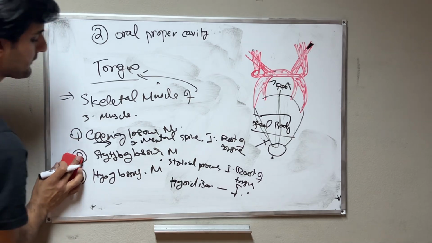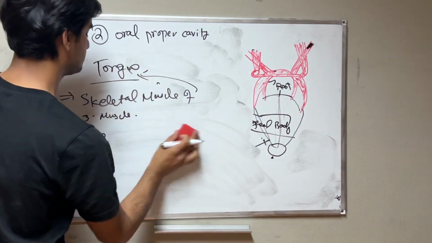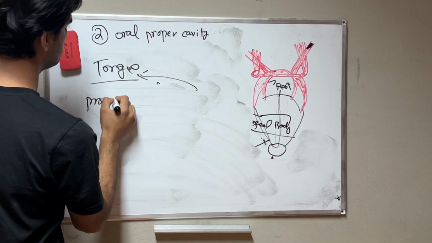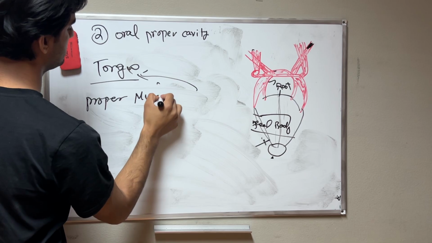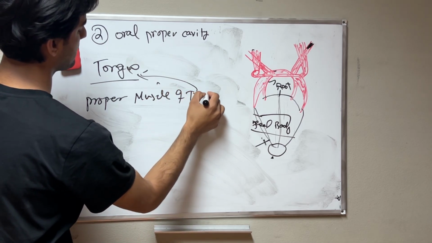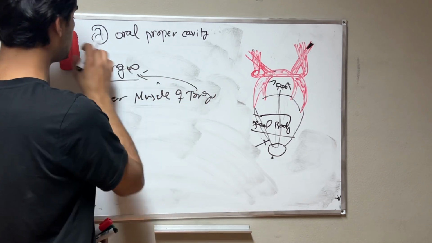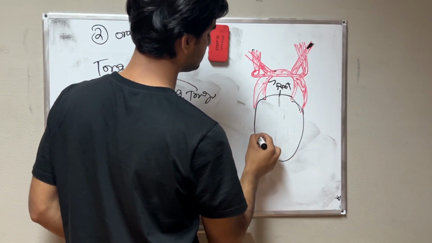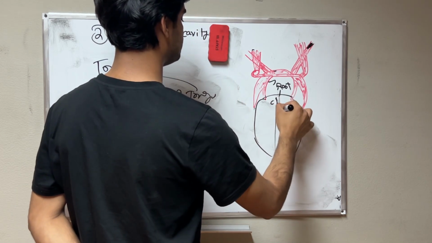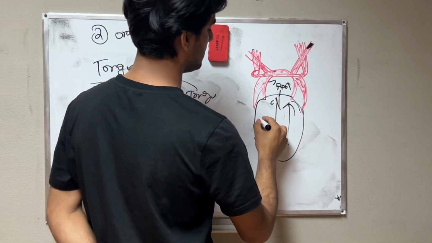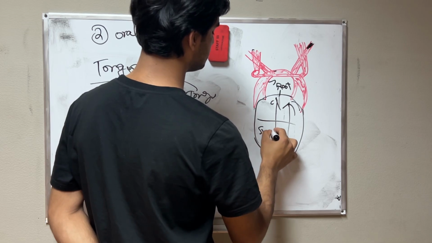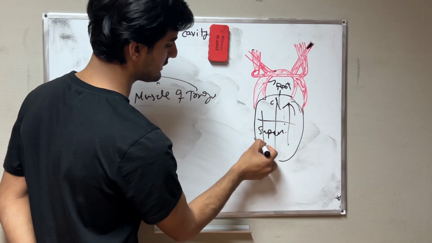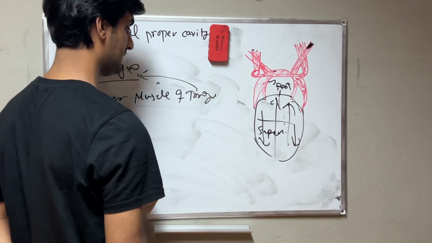Then we have the proper muscles of the tongue. This muscle here is the superior longitudinal muscle. Behind the tongue we have the inferior longitudinal.